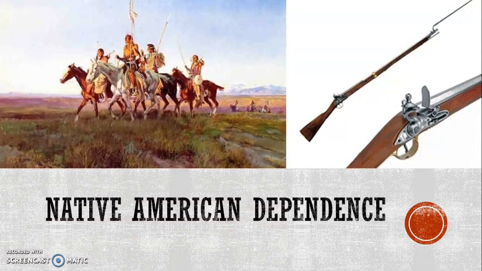So I just want to reemphasize, we talked about that before, but it's a very important concept to think about the transition from just access to European goods to dependence on European goods. Examples are things like horses and guns, and we'll continue talking about those.